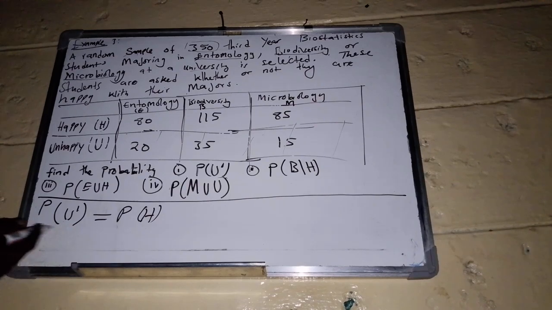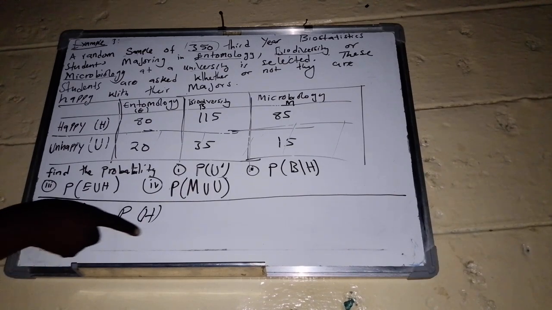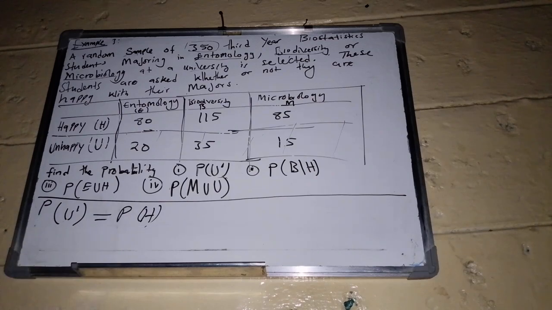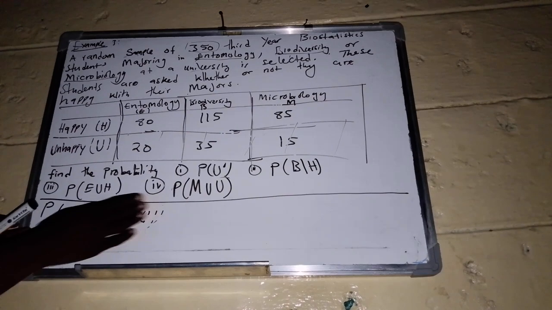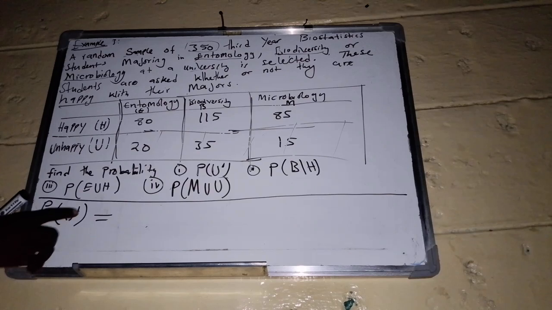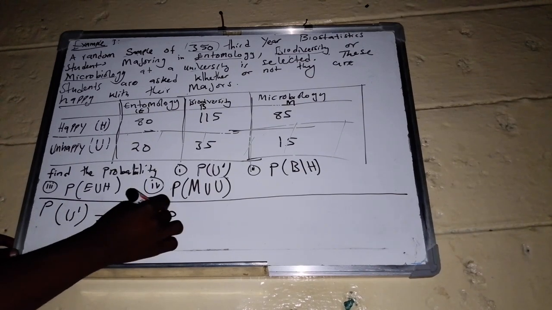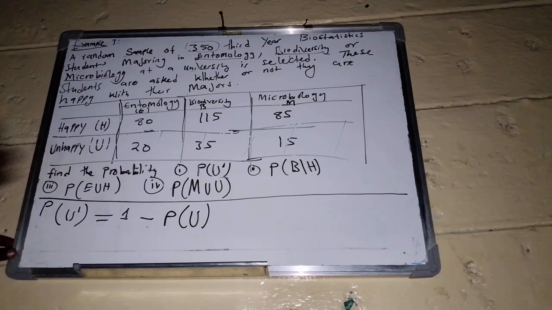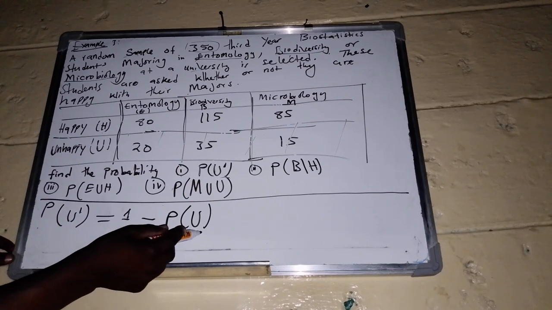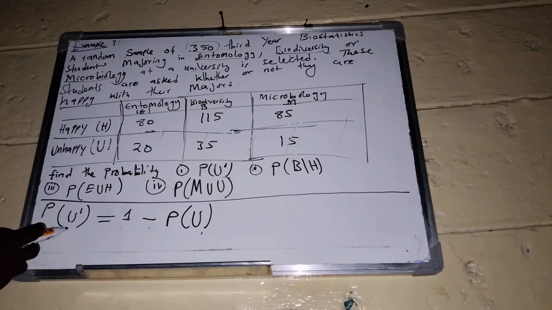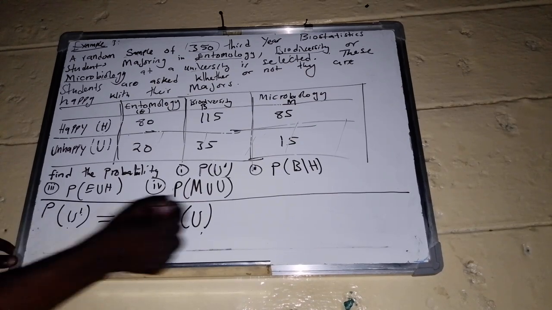I'm getting this principle from the complement rule. You can either solve the probability of finding the happy, or you can use the complement rule by simply saying that the probability of U complement is 1 minus the probability of U. So 1 minus the probability of U will give me the probability of U complement, coming from the complement rule.